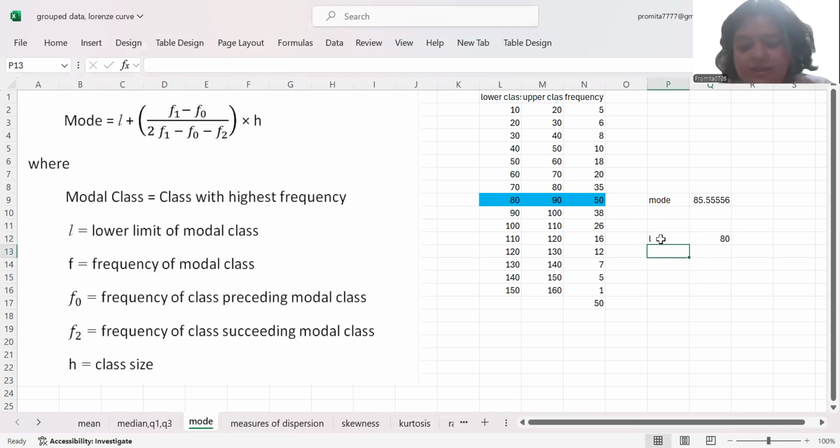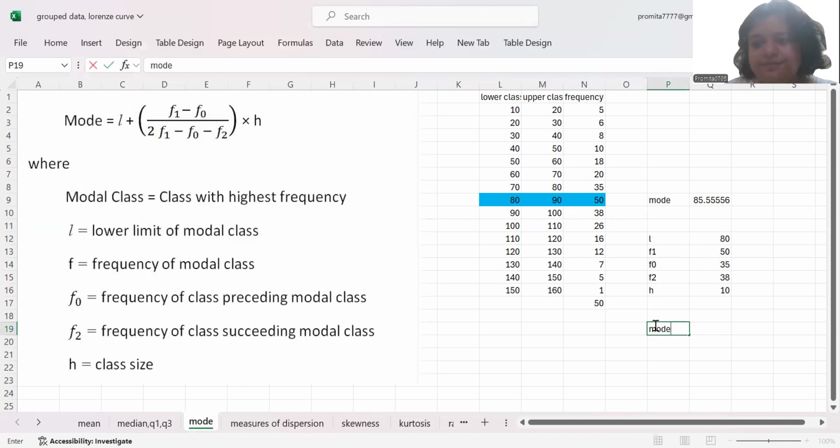The frequency of the modal class is 50. The frequency of the class preceding the modal class is 35. The frequency of the class succeeding the modal class is 38. And h, which is the class width, is 10 in this case.